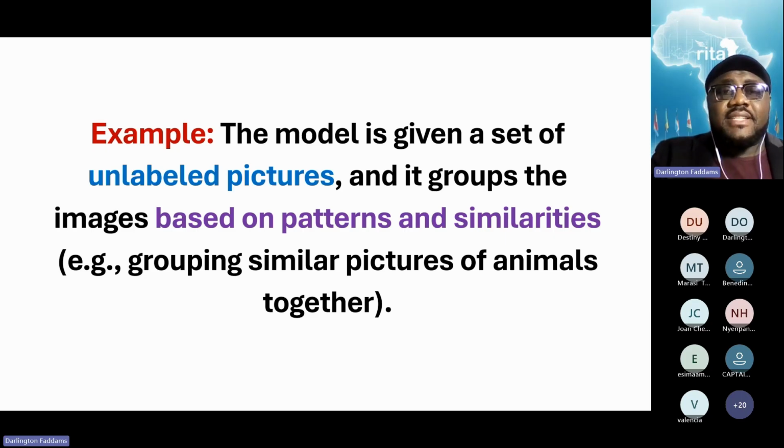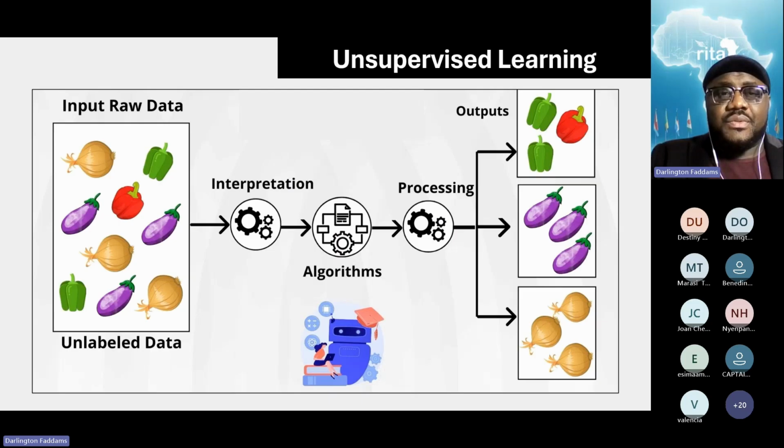So there's a type of machine learning where you just give unlabeled data. And the algorithm that you would choose, so you see why we have different algorithms, its job is to look at them carefully and try to find patterns.